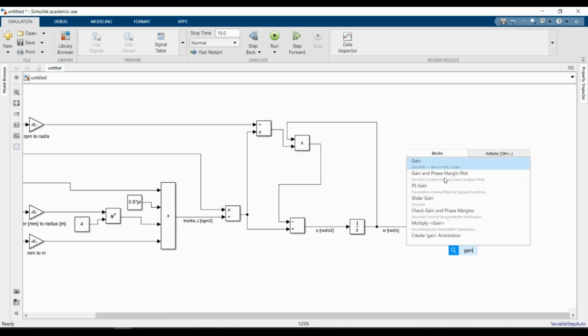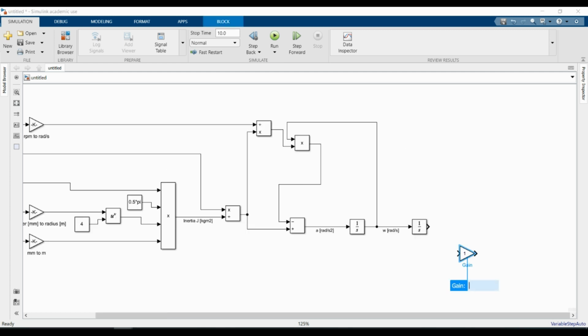We want to evaluate the RPM and the kinetic energy of the flywheel at a half rotation, so again we use a gain block to convert the rotation angle from radians to the amount of rotations, and also to convert the angular velocity back from radians per second to RPM.